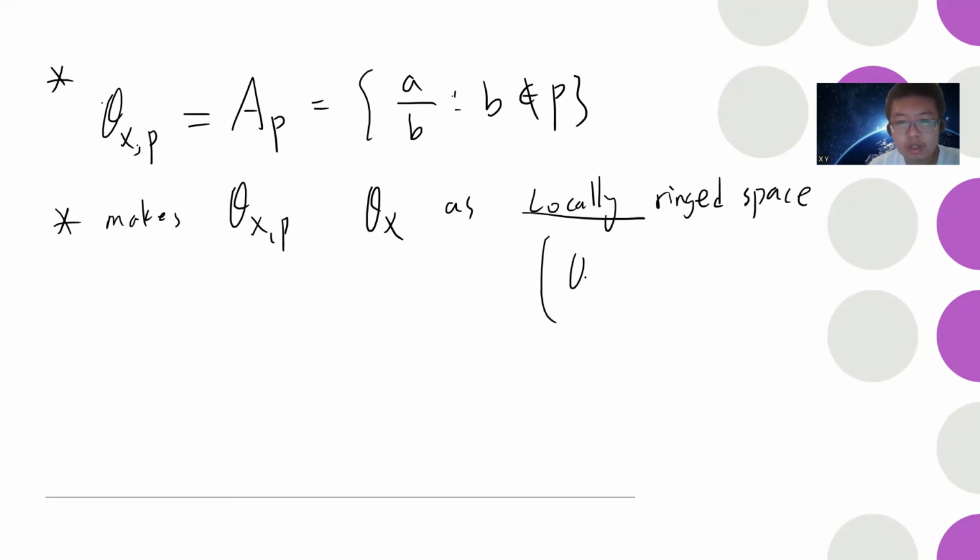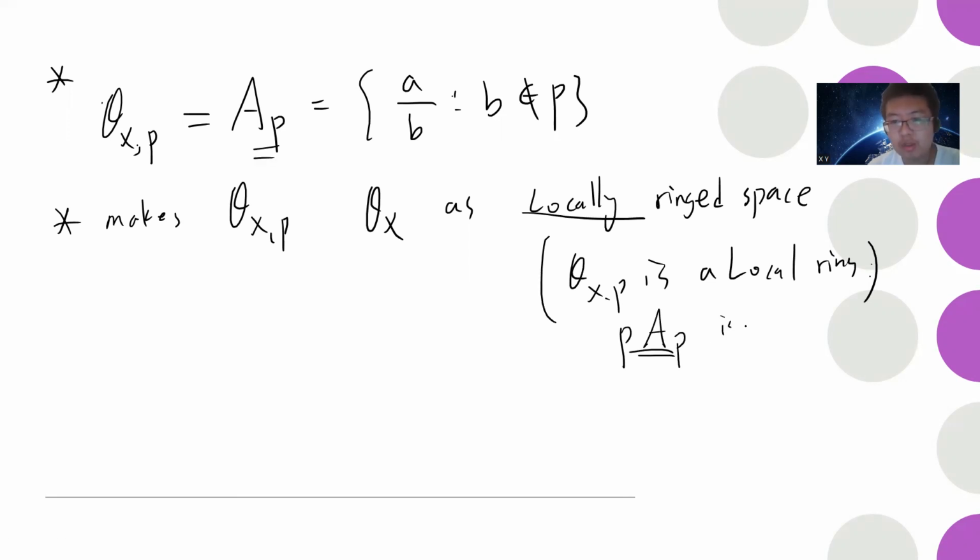Local ring means that each O_{X,p} is a local ring. The reason, as you can check out in my other videos, is that one can show this pA_p is the only maximal ideal of A_p.